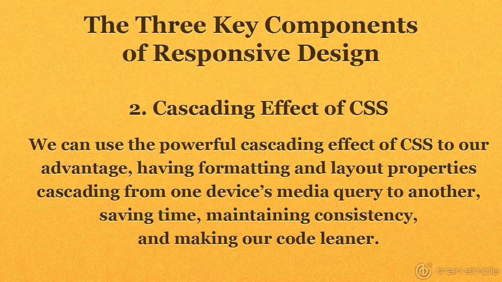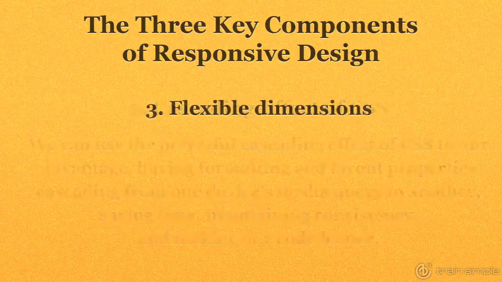Okay, again, I'll show you how to put all these puzzle pieces together. This is going to save us time. It's going to give us nice, lean code, and it's also going to help us maintain consistency throughout the various devices that you and I are going to be targeting with our responsive theme. Okay? All right, that's the second key component.